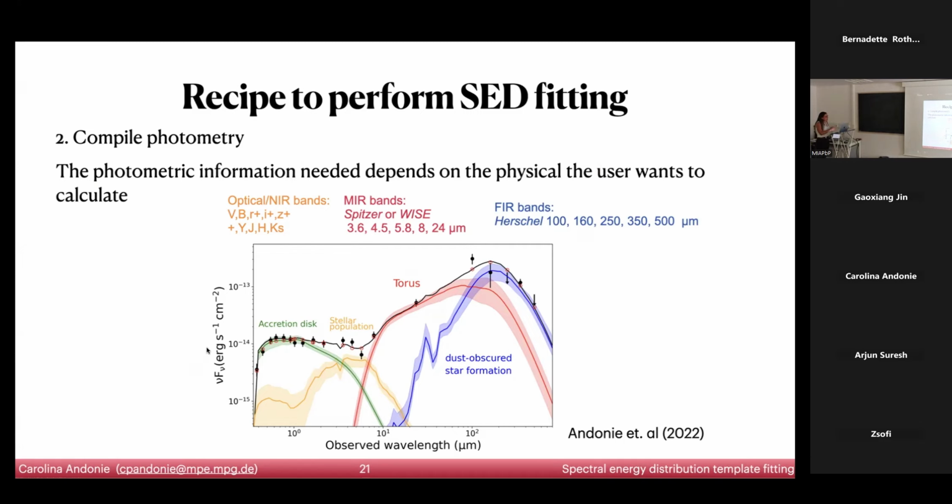I have seen many papers that just use the unobscured stellar population models to calculate the star formation rate, but in obscured sources, and by obscured I don't mean only obscured AGN, but also when there is a lot of star formation, this might be very underpredicted. The star formation rate that you get from the stellar population models will be quite underpredicted because most of the emission was absorbed by the interstellar dust. So in this case, we should go to Herschel.